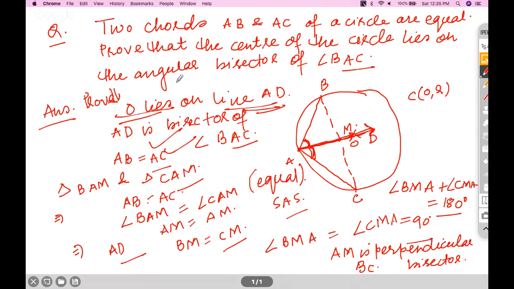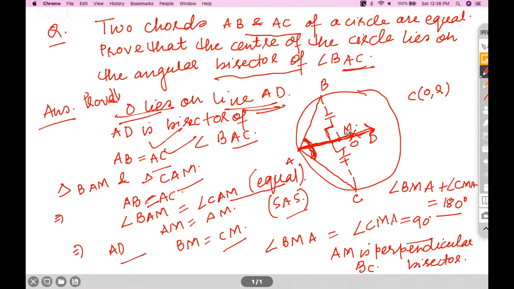Try to understand. I'll again say that the center of the circle lies on the angular bisector of BAC. As soon as it has been told that this is the angular bisector, this has been given to me. AB is equal to AC has been given to me, and AM is common. So this SAS congruency is proved. If SAS congruency is proved, I can say that this and this are equal, and this angle is 90 degrees.